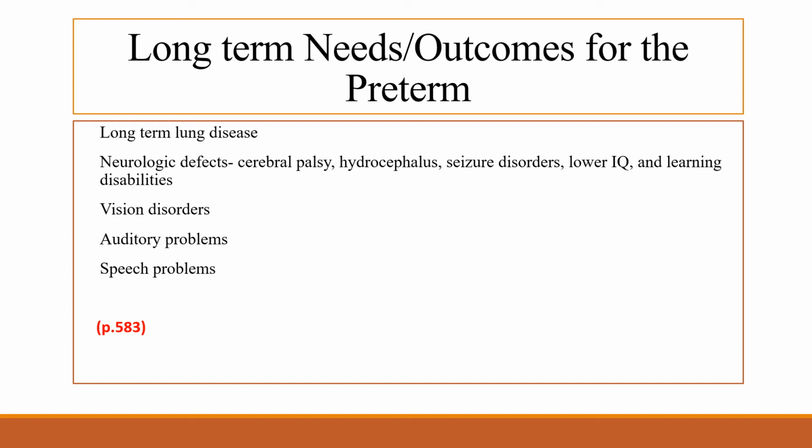Some of them may have vision disturbances or vision disorders, so it is extremely important that they see a pediatrician and are followed closely for vision, auditory, and speech problems. They need to get their vision checked, their hearing checked, and see a speech pathologist if there is a concern with their speech ability.